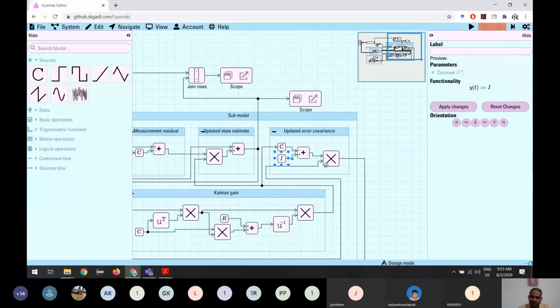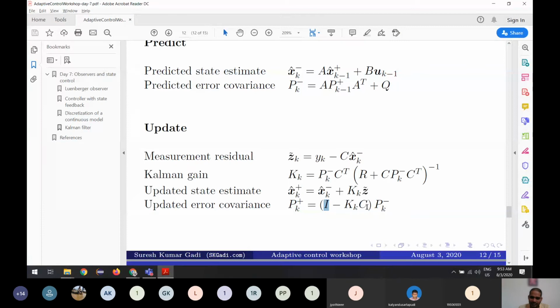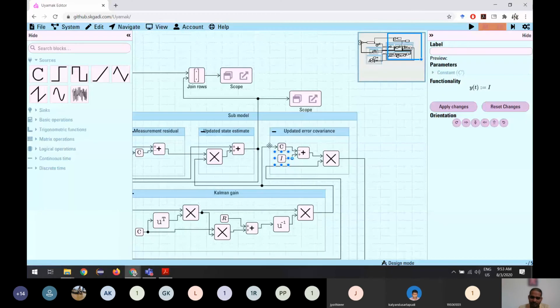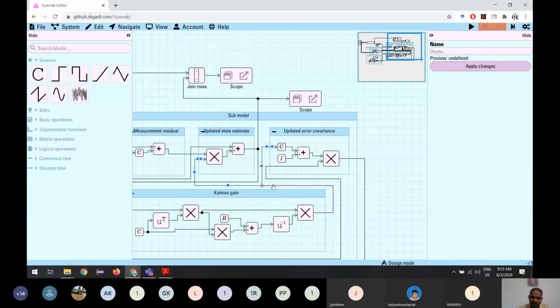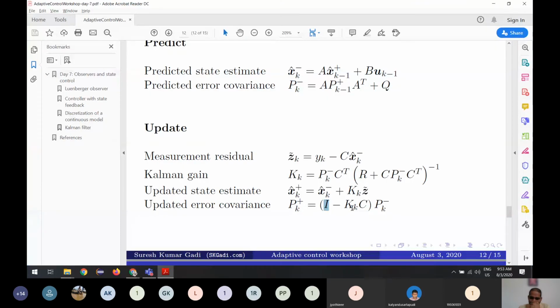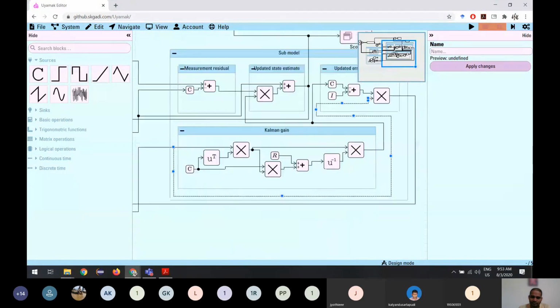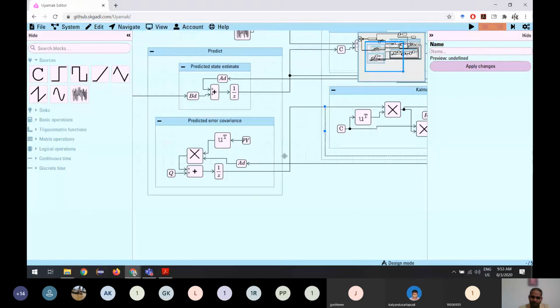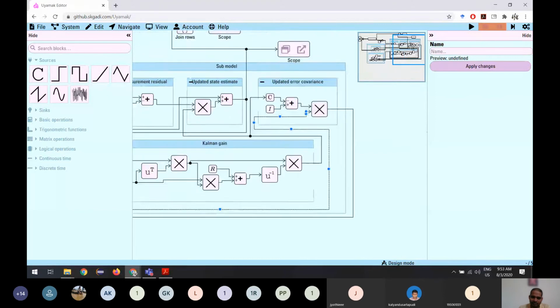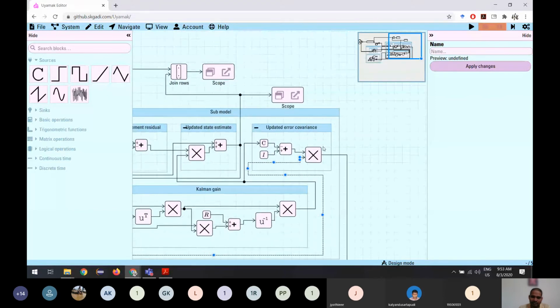C times the Kalman gain we are getting from the previous block, and we multiply with the P minus. We know the minus comes from this predict block. So this is the P minus we are receiving, and we are using here. All these things give us the output P.